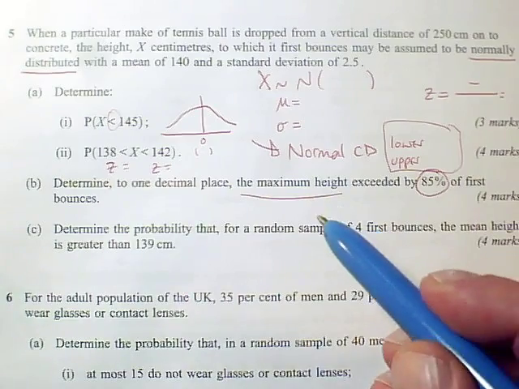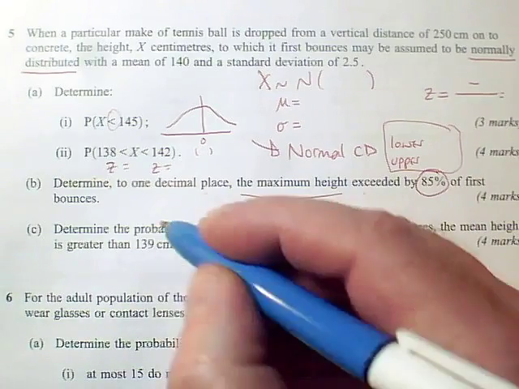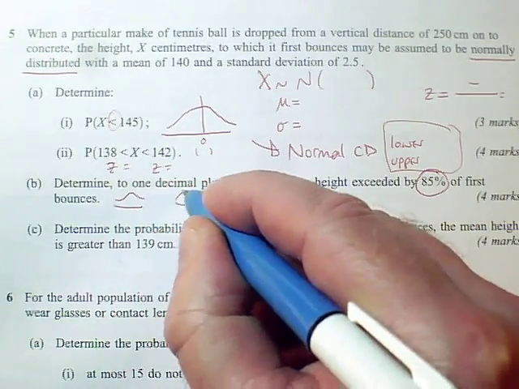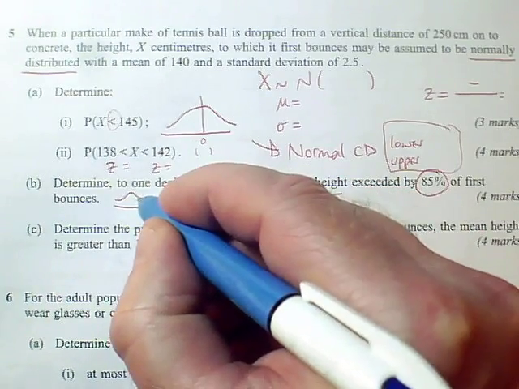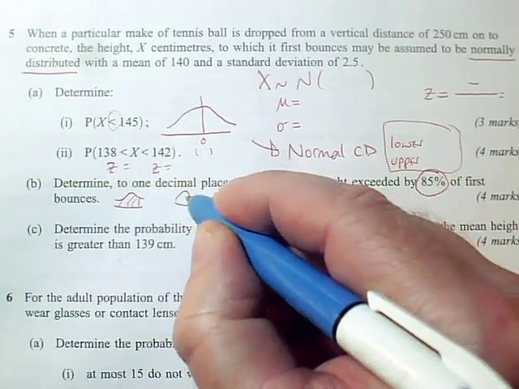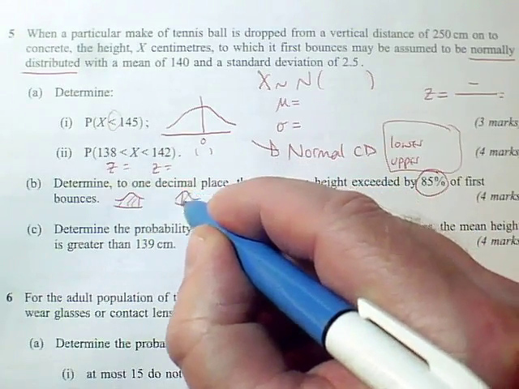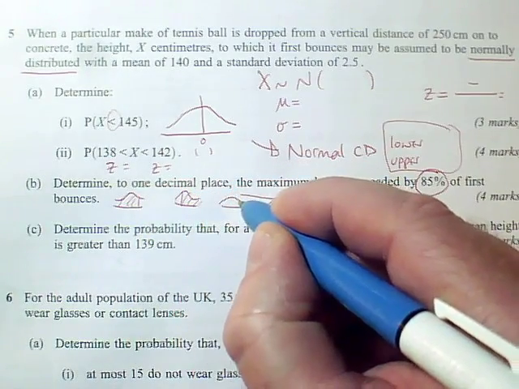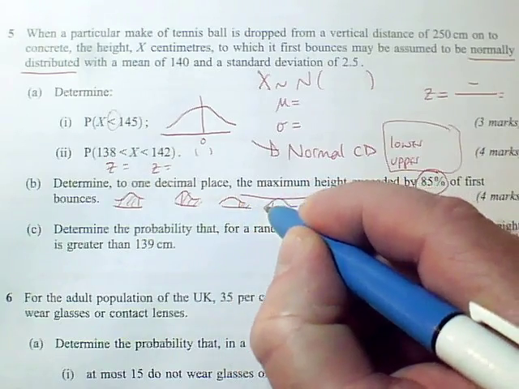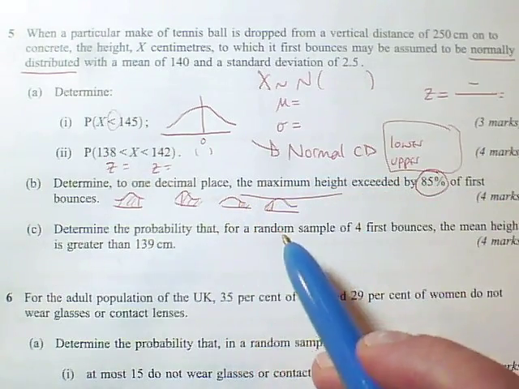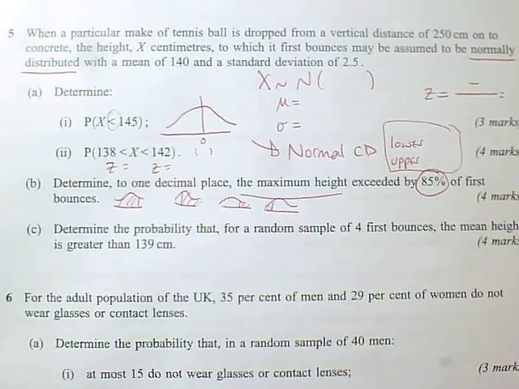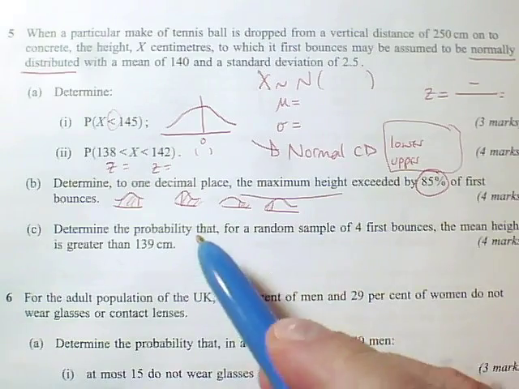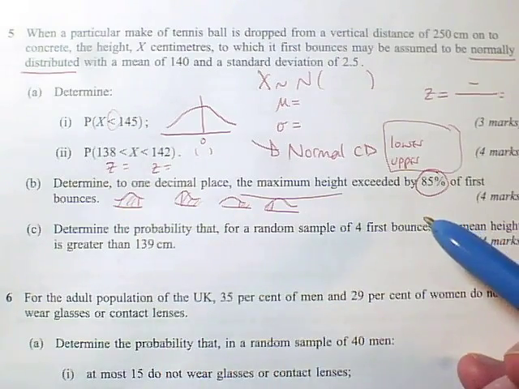So you draw your menu of 4 pictures, okay, so it doesn't take long. So you draw the 4 pictures. Of course, your final diagram is going to be nice and neat, but your 4 pictures can be relatively scrappy. So one of these 4 pictures will be the one you need, that shows the maximum height of the 85% of first bounces. Okay, so decide which of the pictures corresponds to the words.